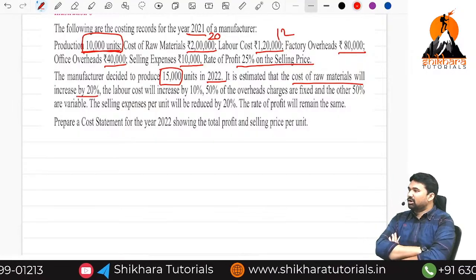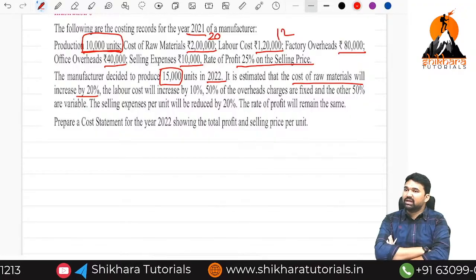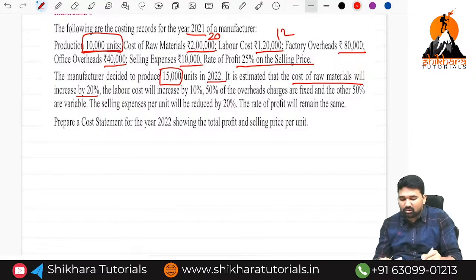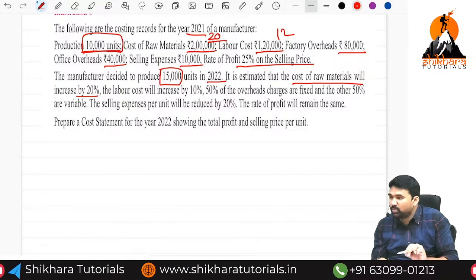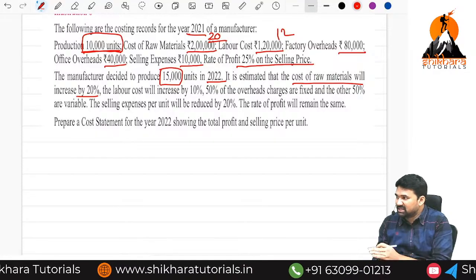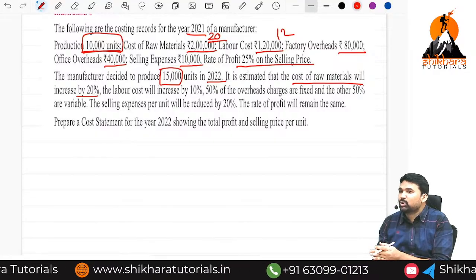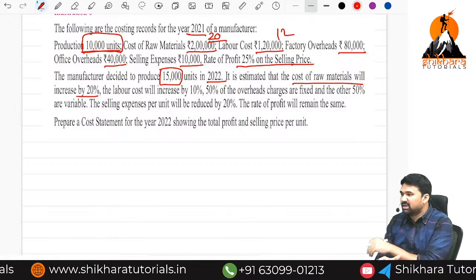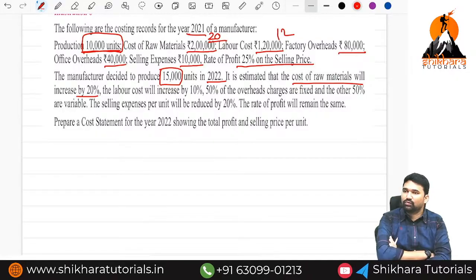So raw material cost will increase by 20%. In simple, we can conclude that the cost of raw material was 20 rupee in the previous year. But now it is going to increase by 20%. So 20 into 20%, how much? 4 rupee.